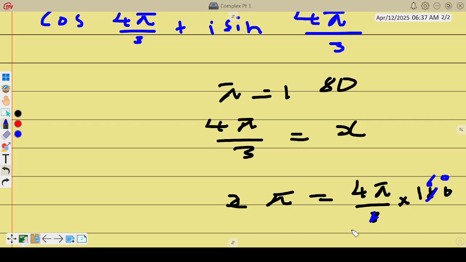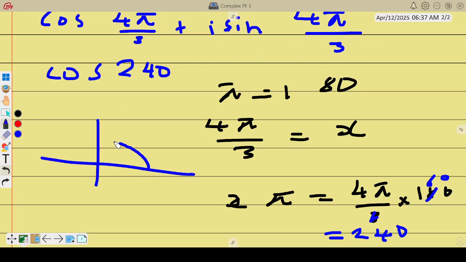So 6 times 4 is 240. Meaning here 4 pi over 3 is just 240. So you can manage to find cos 240 and sin 240. You just remember 240 is in the third quadrant.